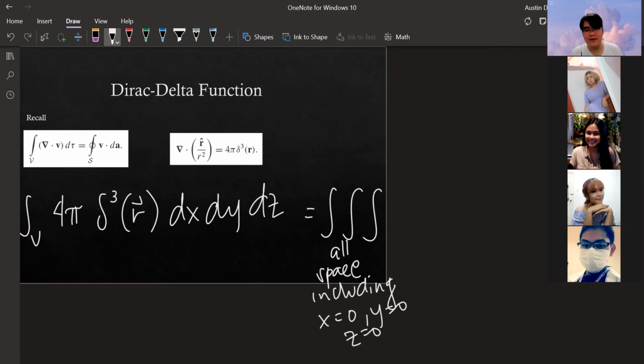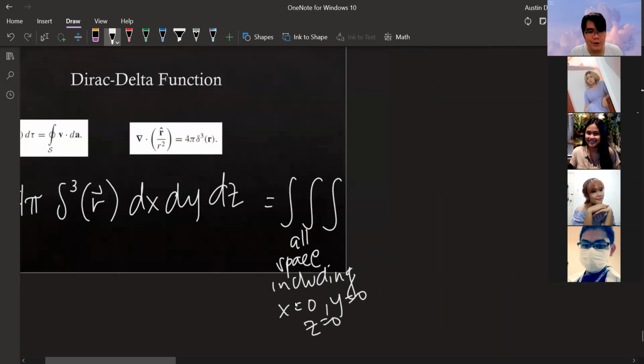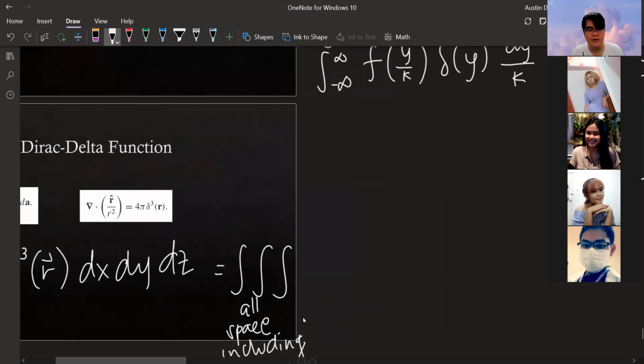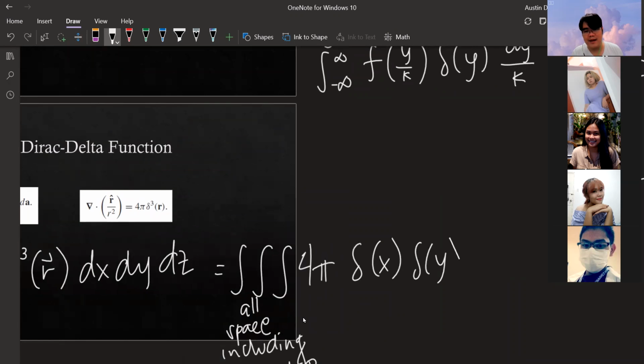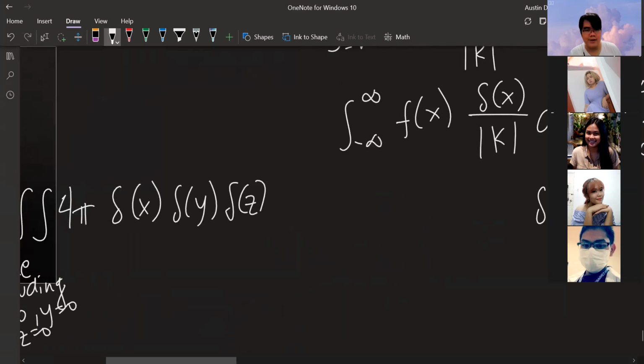Pwede ko na may sulat negative infinity to infinity, negative infinity to infinity, negative infinity to infinity. But, ayan, all space na lang. Para cute. So, as long as yung center ng shape mo is nasa 0, then we have 4 pi. Then, Dirac delta in x, Dirac delta in y. I'm just expanding the three-dimensional Dirac delta. And z.